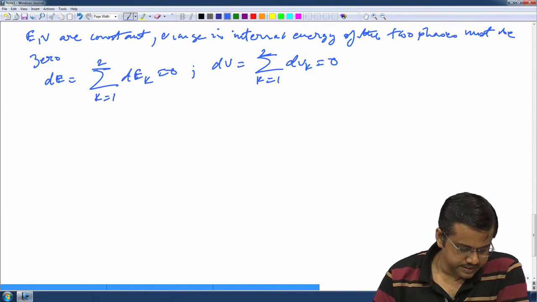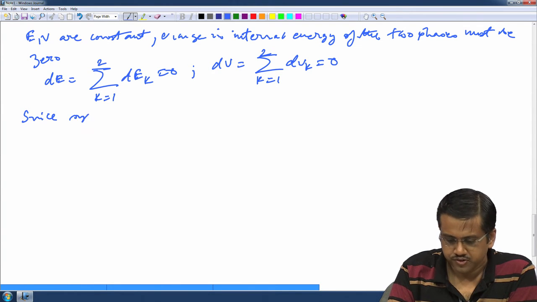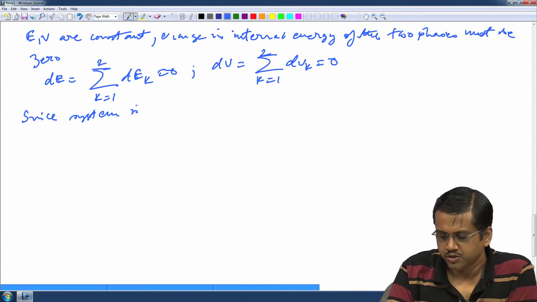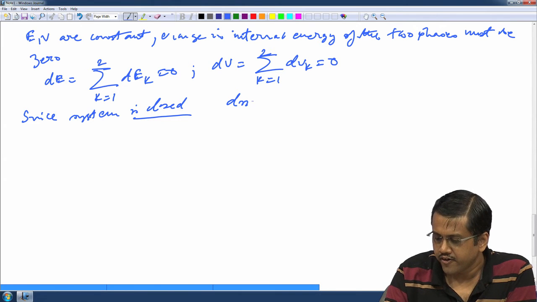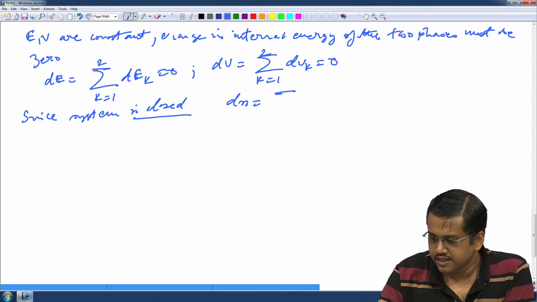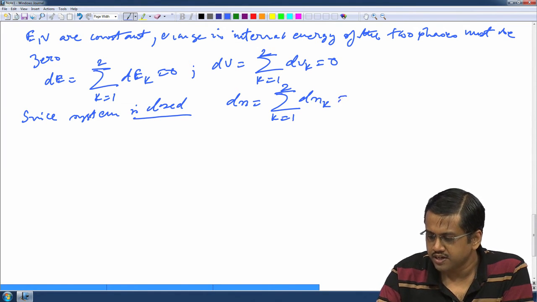Since the system is closed, dN, which is nothing but the summation over k equal to 1 to 2 of dN_k, is also equal to 0.